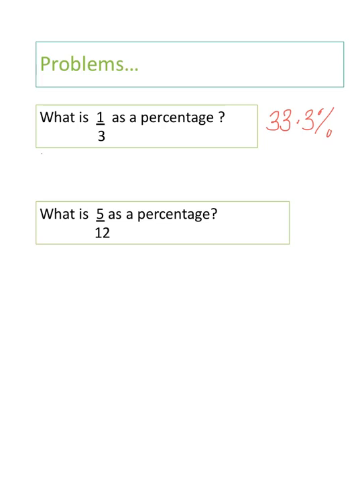We could also know that a quarter is 25%, and it'd be worth writing these down in your book. 1/2 is 50%. 3/4 is 75%. 1/3 is 33.3%.